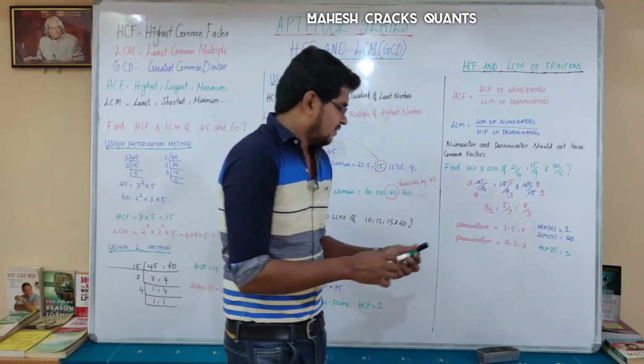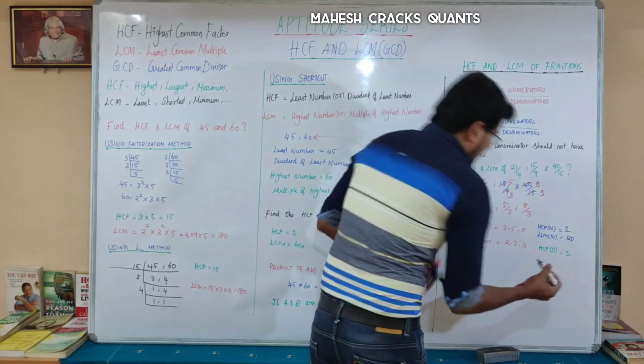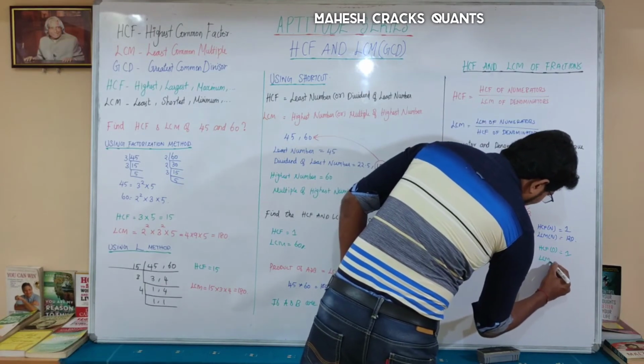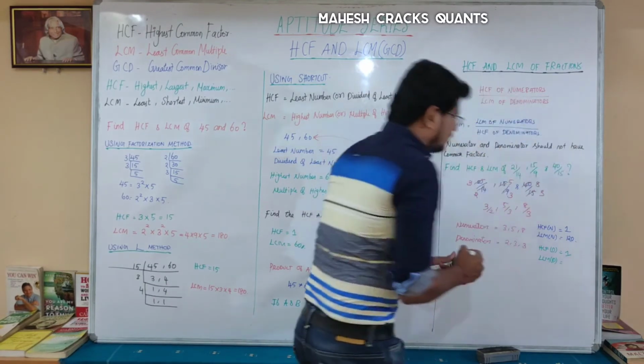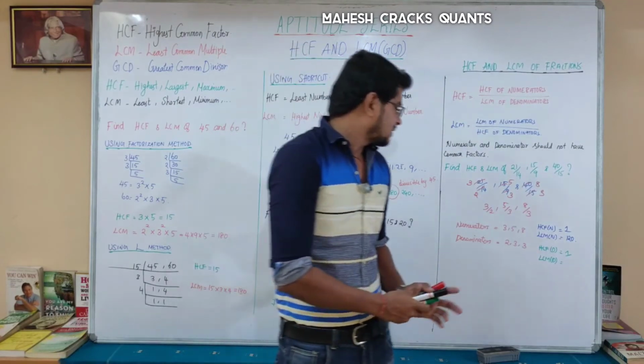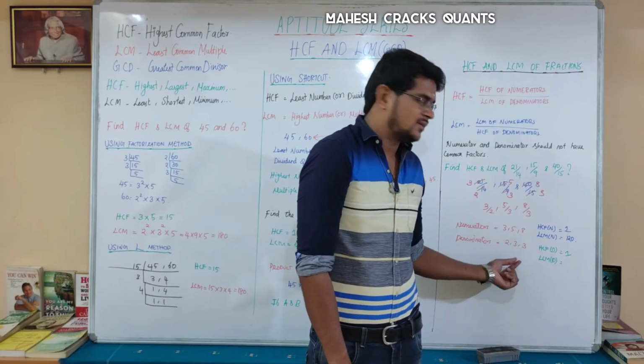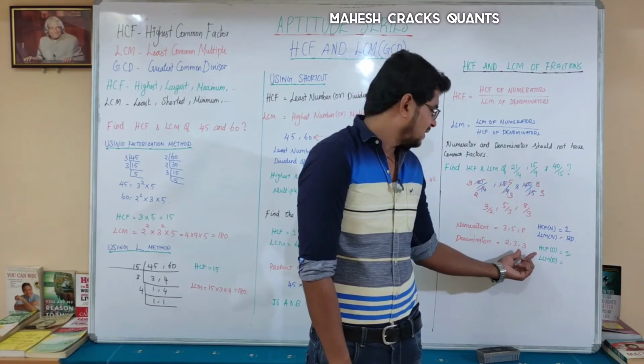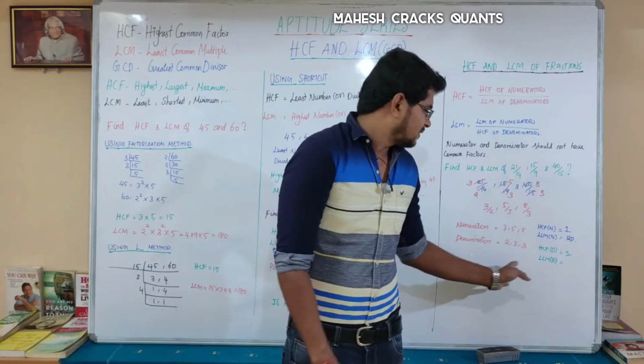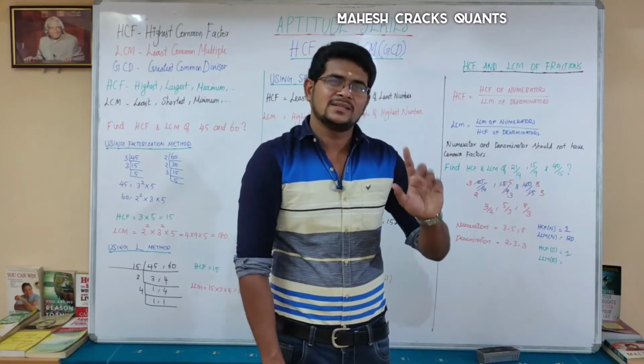Now the LCM of the denominators. What value will you get? You can take 3 outside, first take 2 and then 3, and everything becomes 1. So 2 into 3, which is 6, is the LCM.